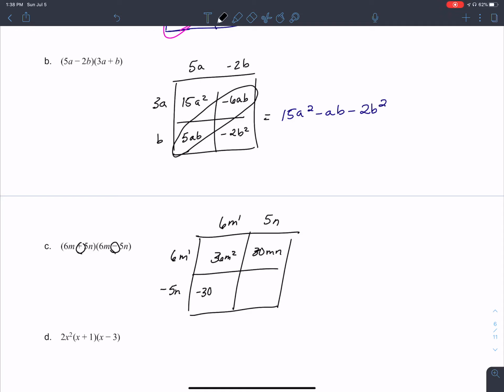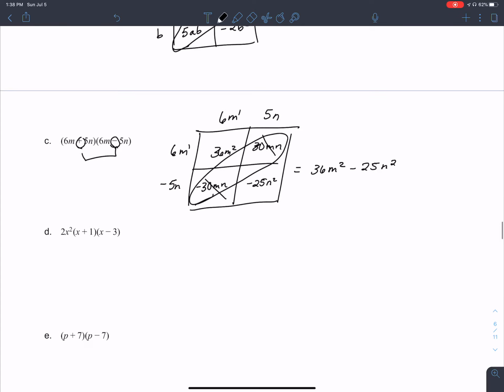Negative 30mn, and negative 25n squared. We add inside. Those are going to cancel. So what's really cool is if you just change the signs here, that middle term is going to cancel. That's important to notice when we get to factoring, or unfoiling as we call it. It's going to change things.